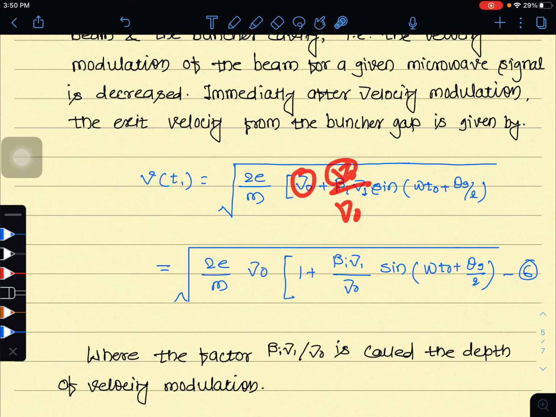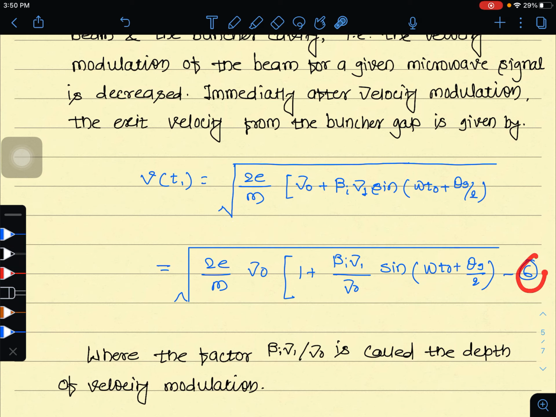This V0 is common to both, and we take it outside the square bracket. So it is V0 in brackets 1 plus beta i V1 divided by V0 sine of omega T0 plus theta g by 2.